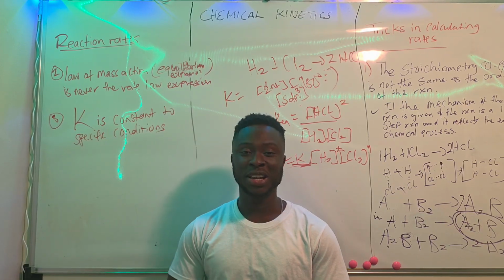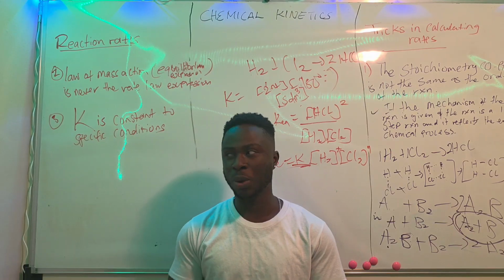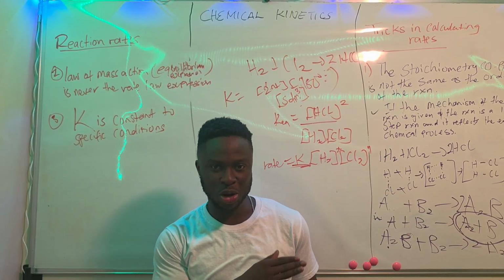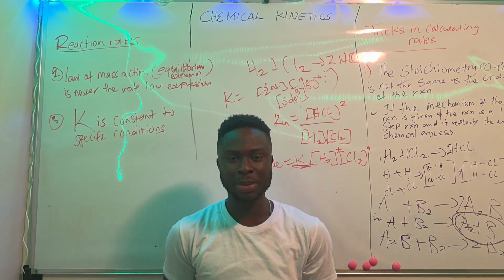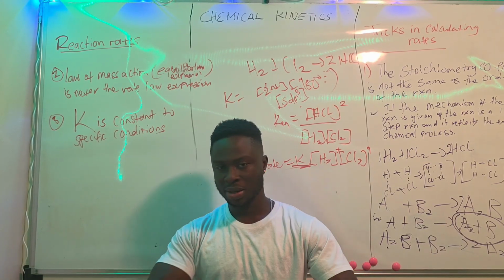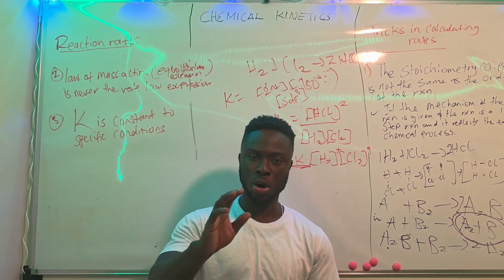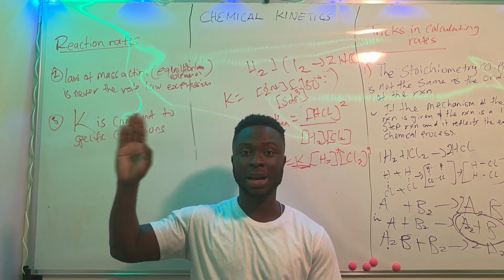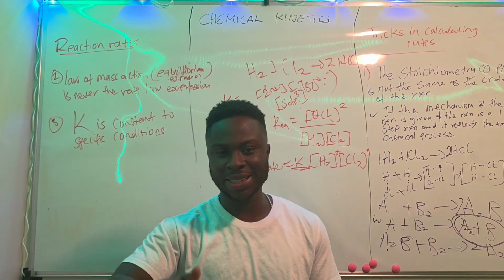But the only reason we say the principles of equilibrium apply only if equilibrium is attained is that when we are measuring rates, we try to do it at the beginning of the experiment so that we minimize errors, because as soon as the experiment starts, the reactants start eating each other, right? So we only apply the equilibrium when the reaction is over and equilibrium has been attained.